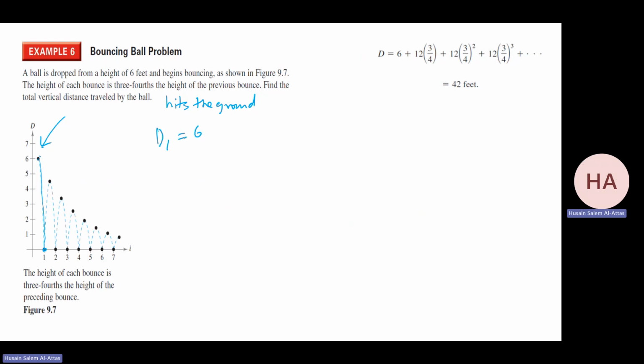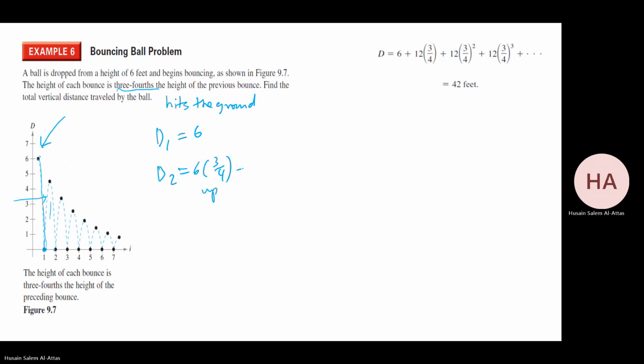All of this is D1 equals 6. Then it will go up, then go down again. So what will be the distance traveled in the second step? It will go up 3/4 of this, so D2 will be 6 times 3/4, because it was 6, then 3/4 of that, because it says 3/4 each time. Up and down.